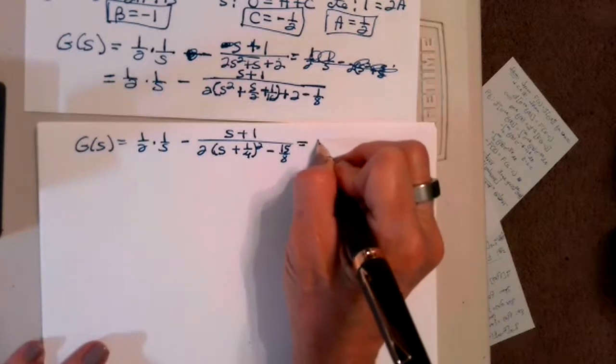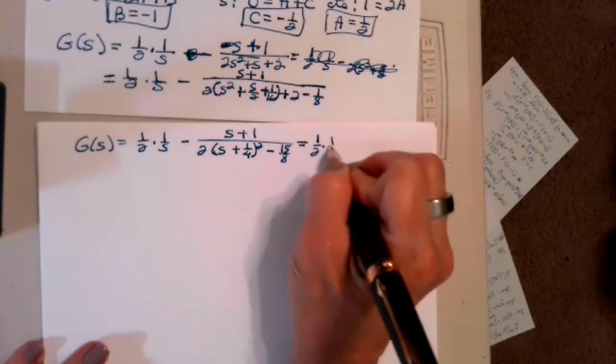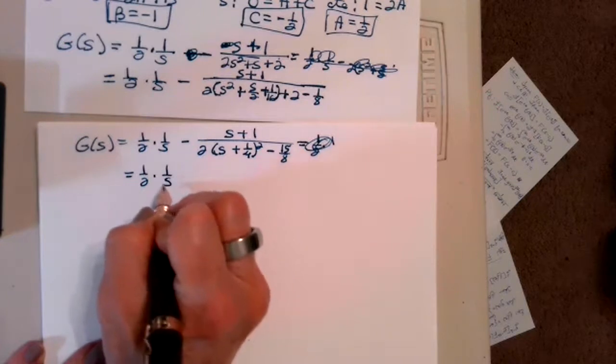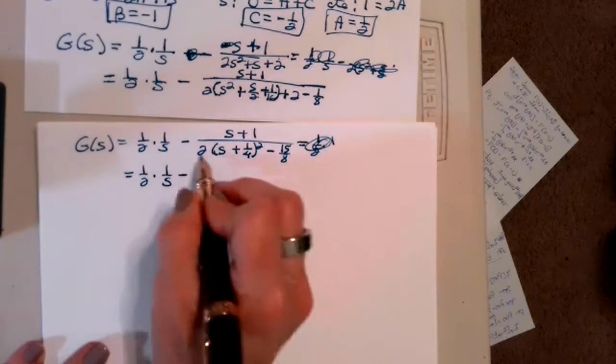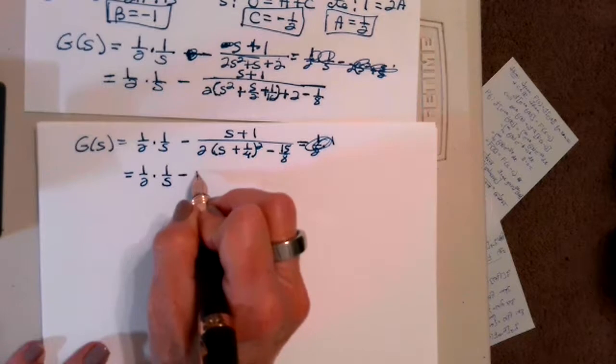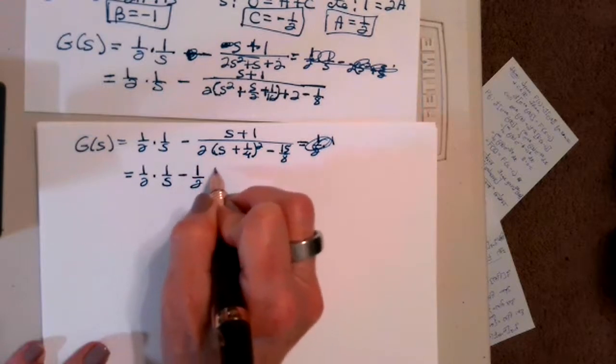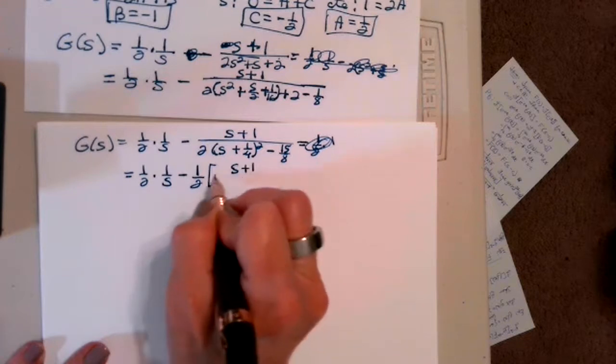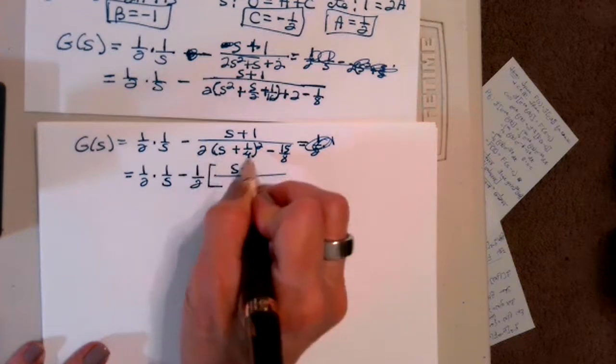Okay, so this is 1 over 2 times 1 over s. I'm going to factor out a 2 here, so I'll have a 1/2. Now be very careful with your algebra. So you have s plus 1 in the top. You factored out a 2 from this term.